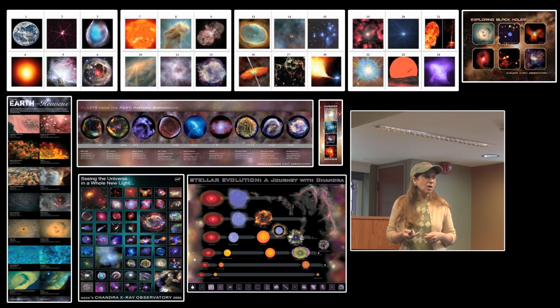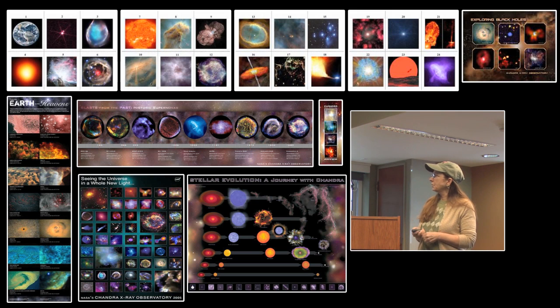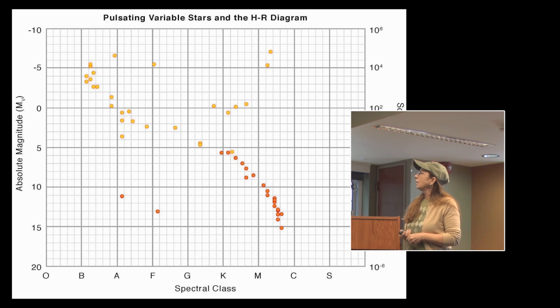You can request card sets and any other materials from the Chandra website by going to the request form. Also, the spring issue of the Earth Scientist was sponsored by Chandra. In that magazine is an article describing plotting pulsating variable stars on the HR diagram.